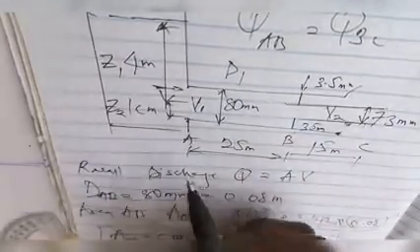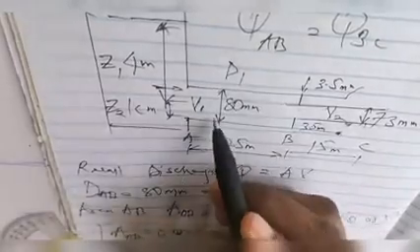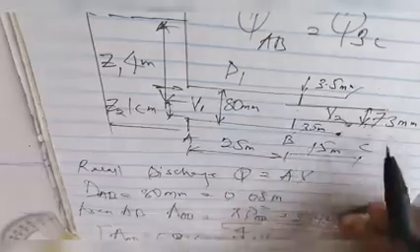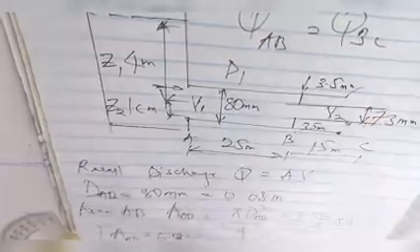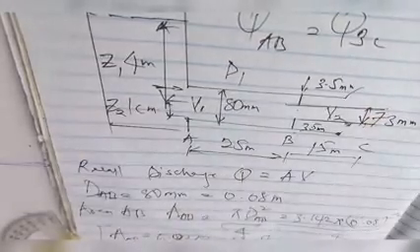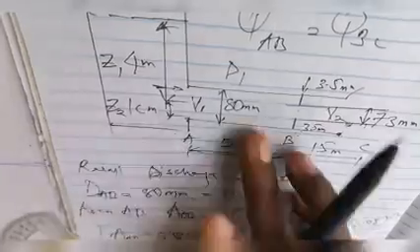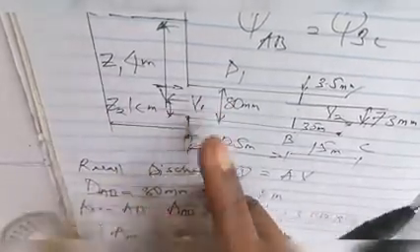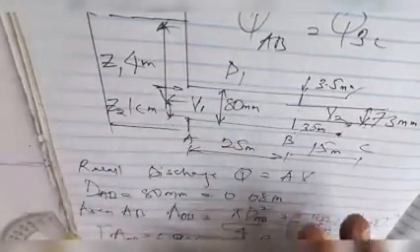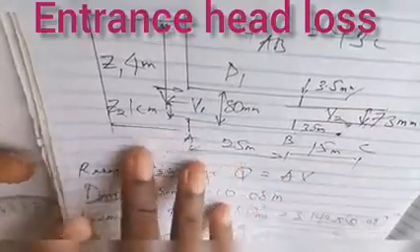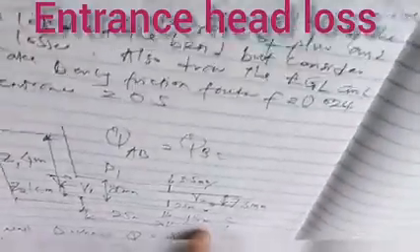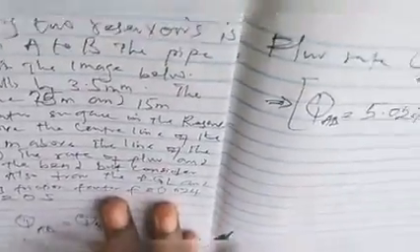So instead of using VAB, we can simply call that V1, and instead of using VBC, we can simply call that V2. So the first speed is of course V1, that's the speed of flow in this pipe. As the fluid enters into this pipe, it experiences a head loss, which is called head loss due to entrance. So we put that down. That's the first head loss we consider.